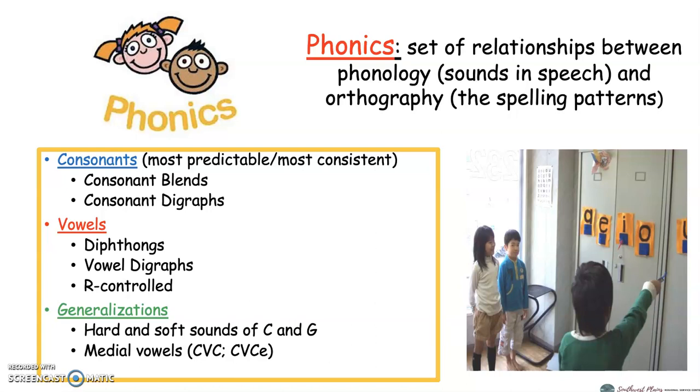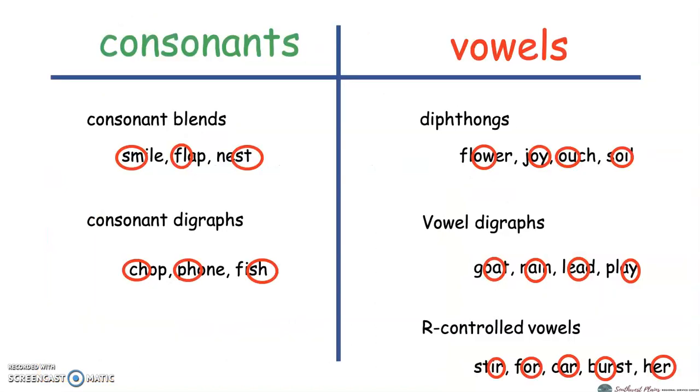Key concepts teachers must know are consonant blends, consonant digraphs, diphthongs, vowel digraphs, R-controlled vowels, as well as some key generalizations like the hard and soft sounds of C and G and medial vowels. Concepts about these particular ideas are located in your resource, handout number 4. But let's look briefly at what these entail.